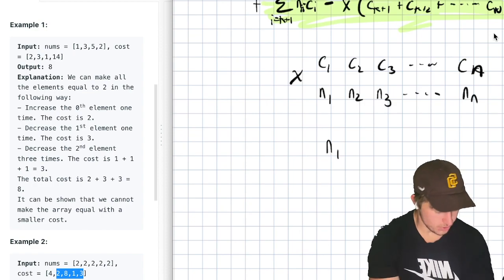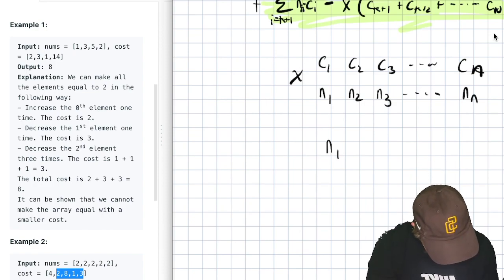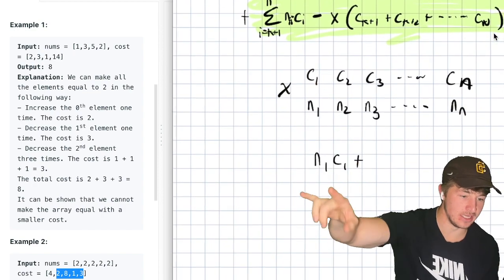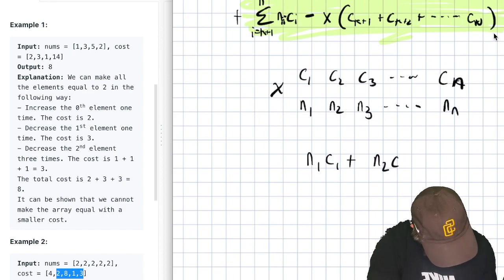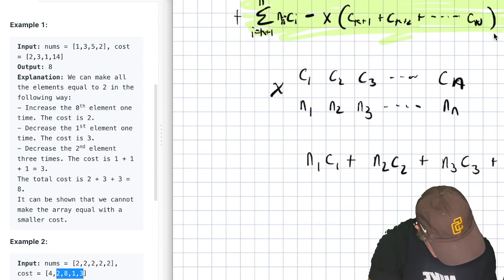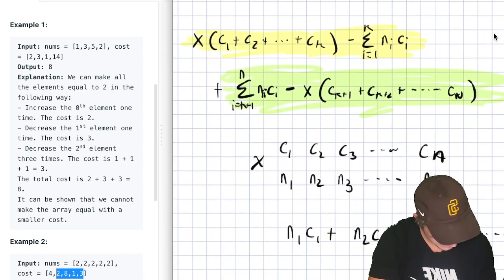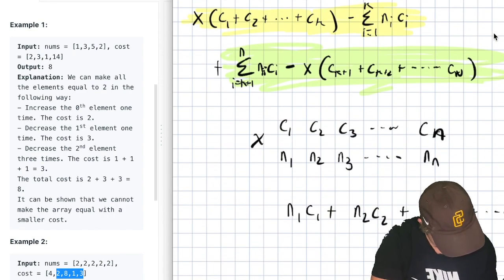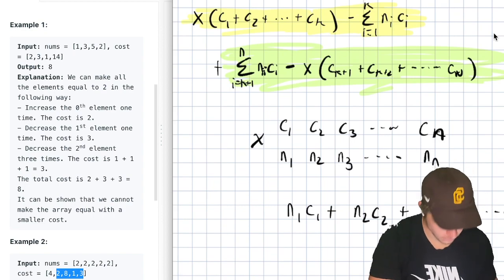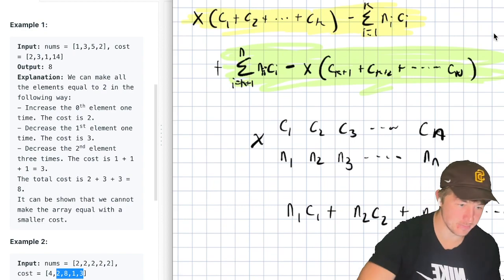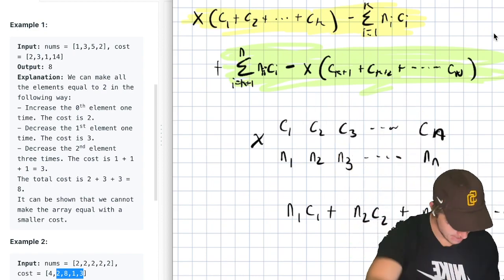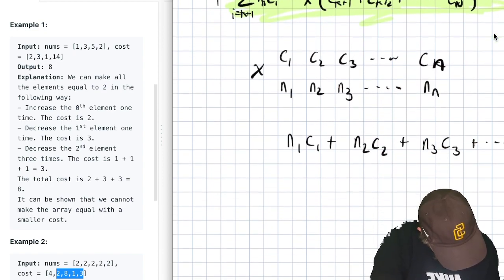Here what you would do is n1 times c1 plus, literally just drawing out this formula in this form, n2 times c2 plus n3 times c3 plus ... cn times nn. So that's this operation. And then I would do minus x times all of the values again. So c1 plus c2 plus c3 ... cn.